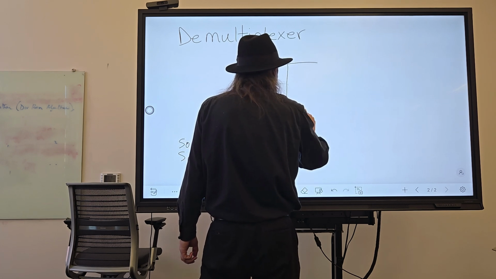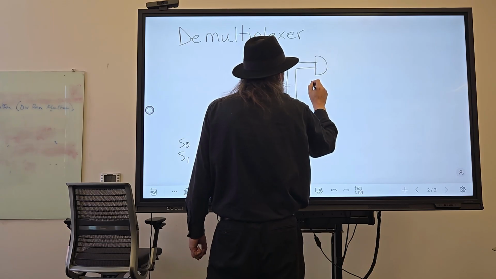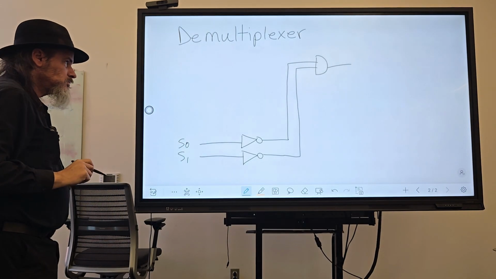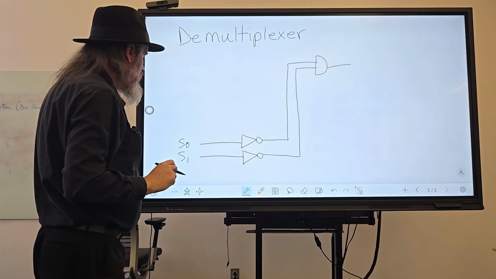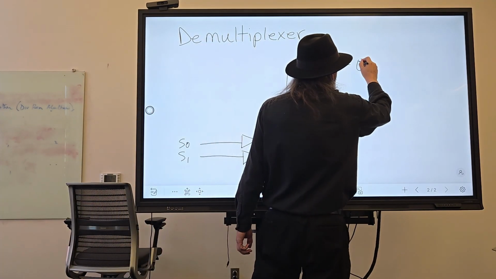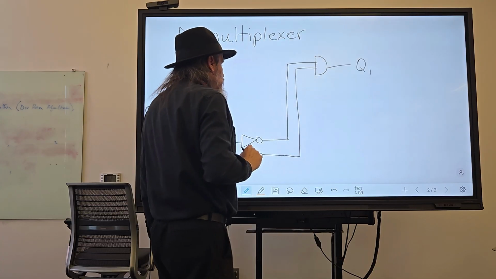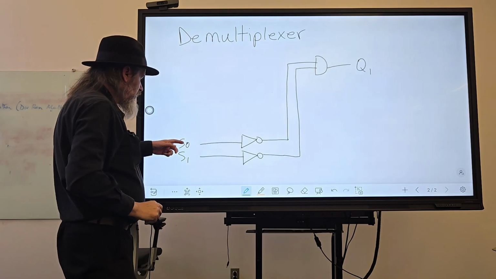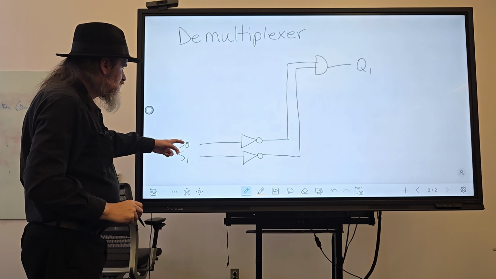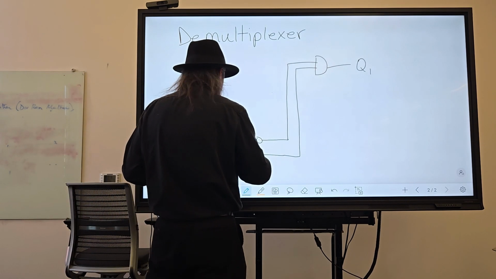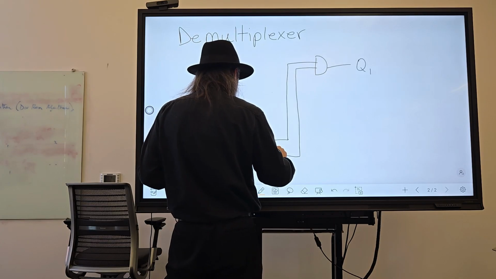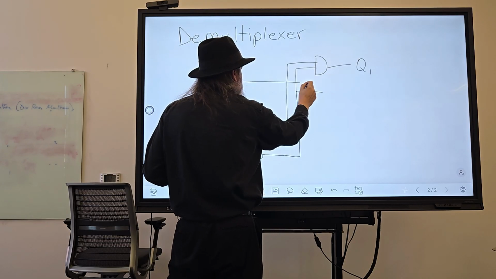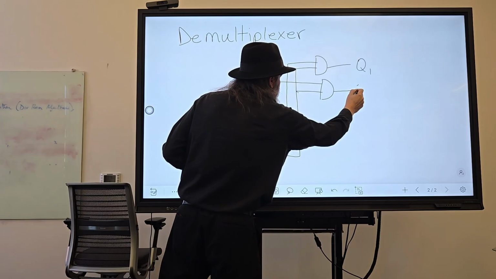So if both inputs are low, your output 1, or Q1, would be high. 0, 1 would be Q2.